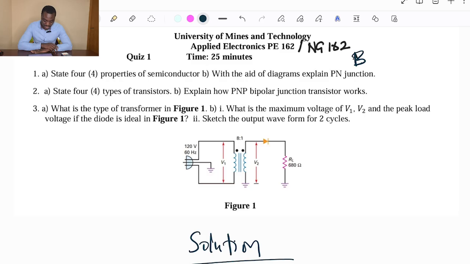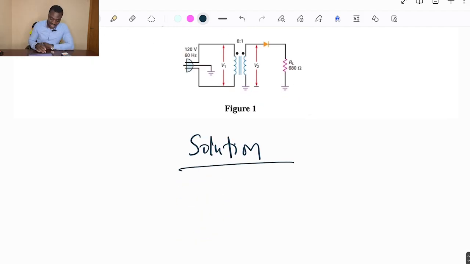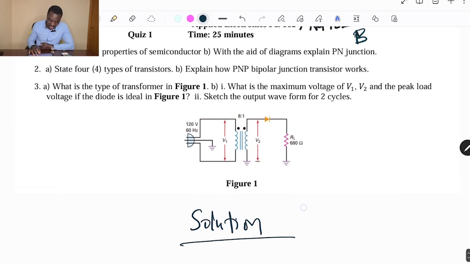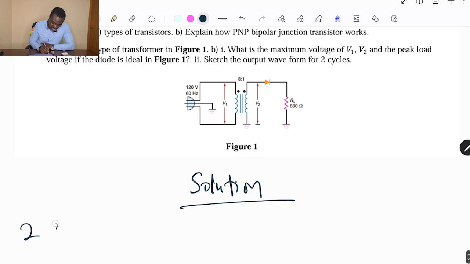We have question 2. State 4 types of transistors. So when you talk about the 4 types of transistors, this is 2A.